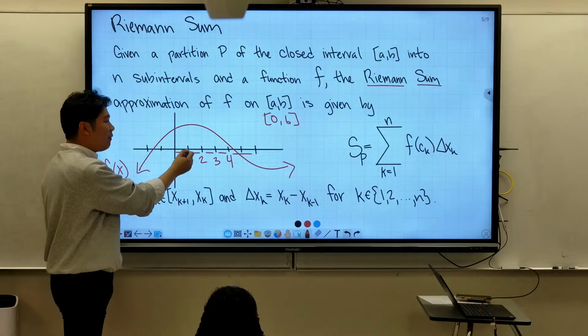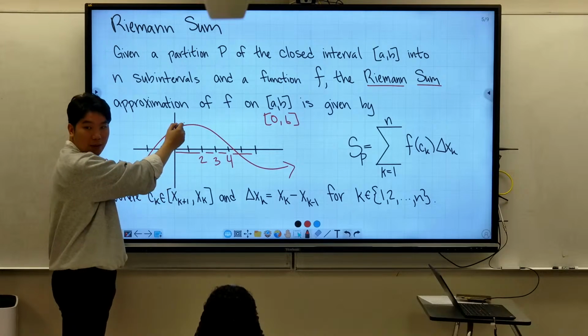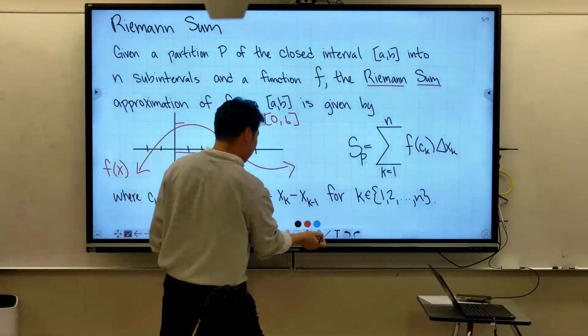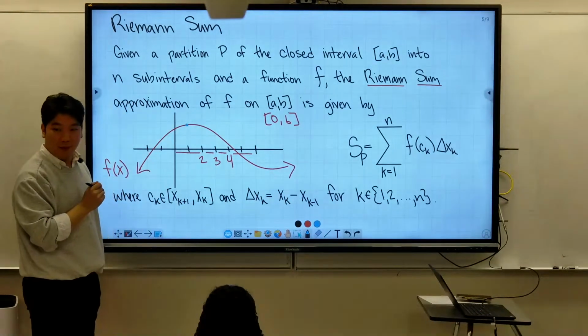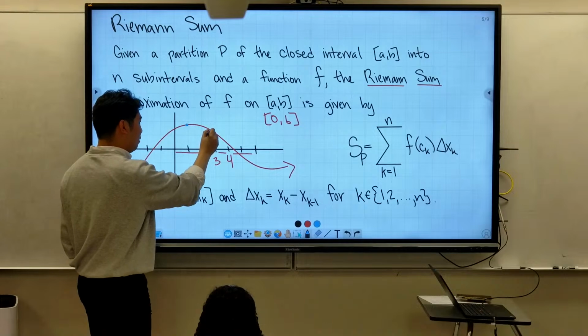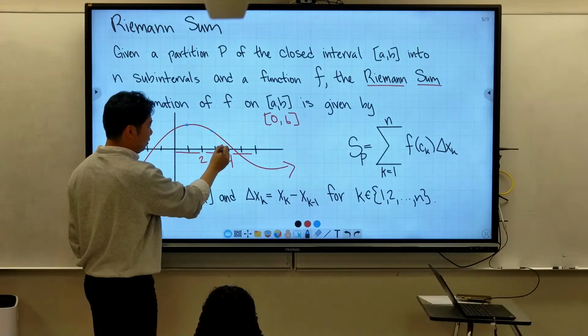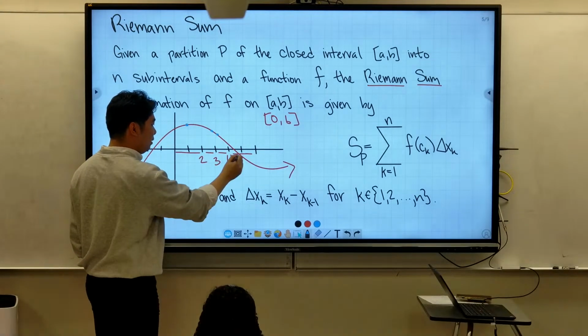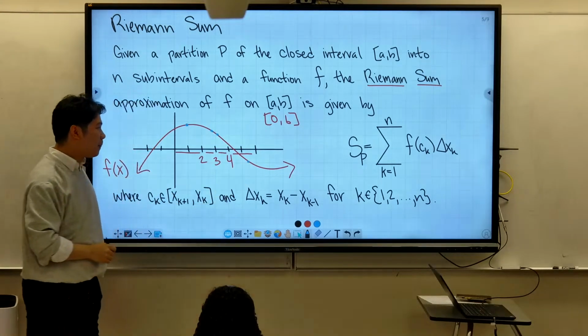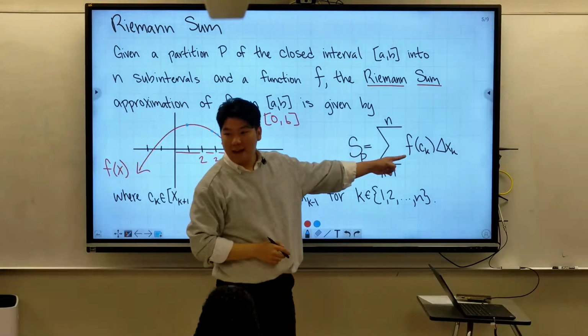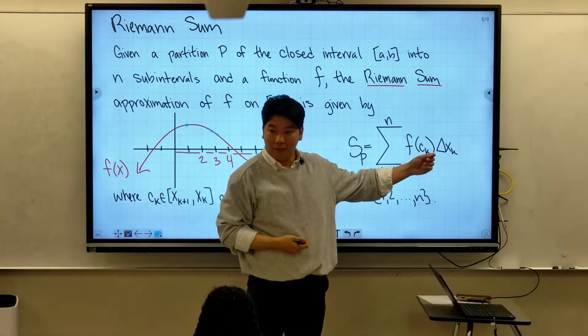Because this is my x values, f of x is whatever's up here. So this one might be here, for example. And then this middle one, we'll say right here. Let's say this one's all the way over here. This little one, let's choose like here. Let's say that those are my f of ck. Those are my y values.